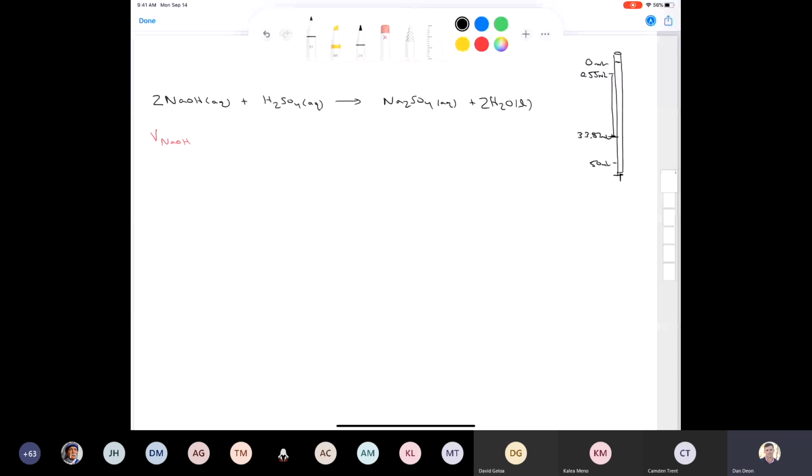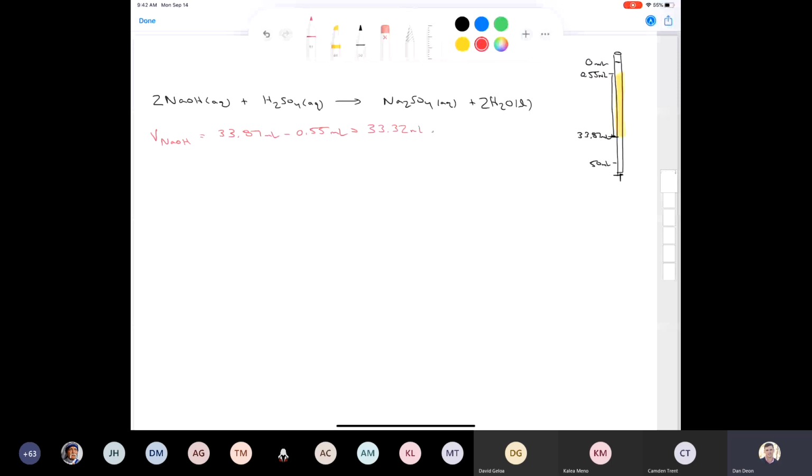So the volume of sodium hydroxide is what is in between these two marks. To determine it, we take 33.87 milliliters and subtract 0.55 milliliters. Punch that into your calculator, and you end up with 33.32 mils, okay?